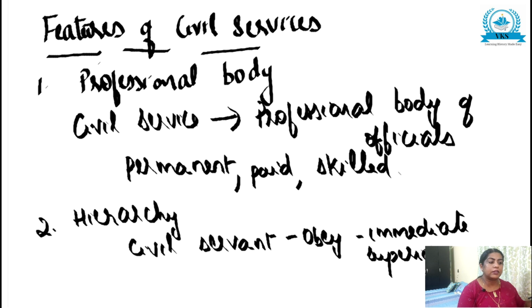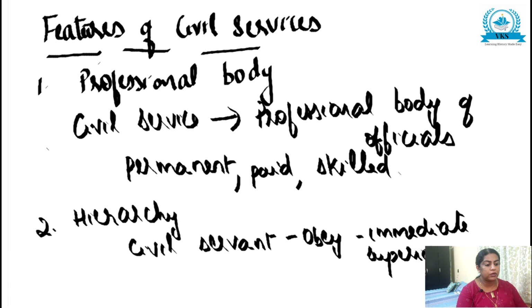This high-ranking officer will have his own discretionary power. He has the right to supervise his subordinates. So that is the second feature, that is hierarchy of power.